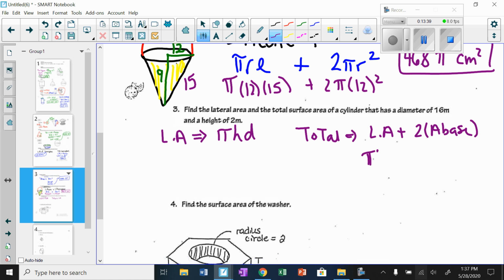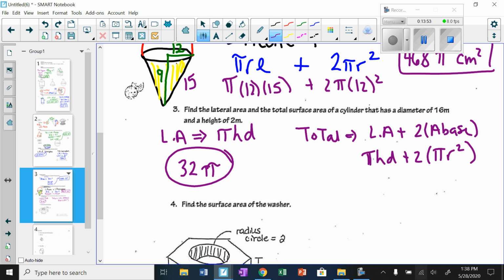So we are pi h d plus 2 times pi r squared. When you do that, you're going to get the lateral area to be 32 pi. And you're going to get the total area to be 160 pi. Okay, next problem.